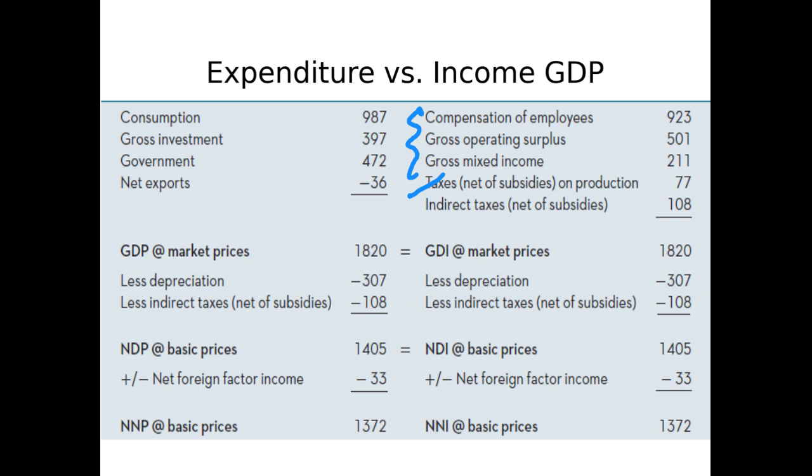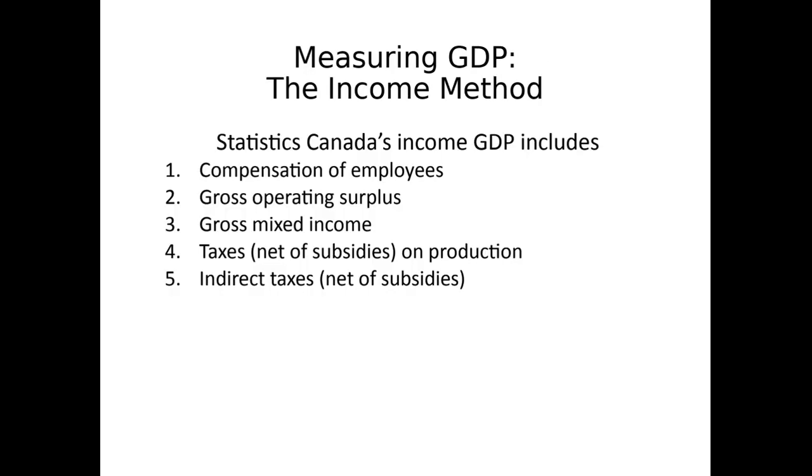I'm sorry if I said otherwise. So basically you have to add everything. You don't have to subtract. This should be added. Why are you adding? I know that I said earlier, that is correct, this is not a part of your income. You are not receiving it, the government is receiving this money. But in the expenditure approach, we have added these taxes because we calculated market price GDP, at market prices.